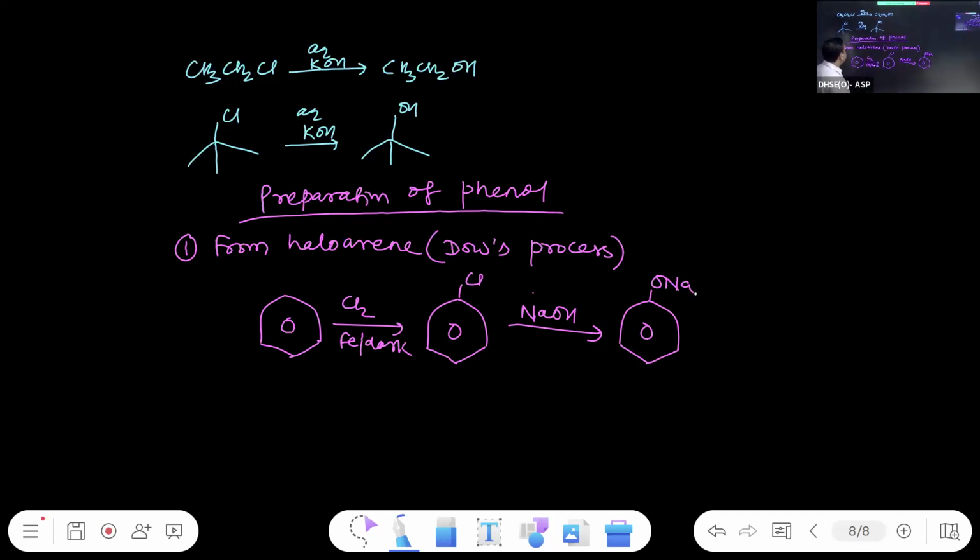The product we need is phenol, so we have to do acidification. So after acidification, what is the product? OH. Okay, sodium phenoxide undergoes acidification to form phenol. Note down quickly.